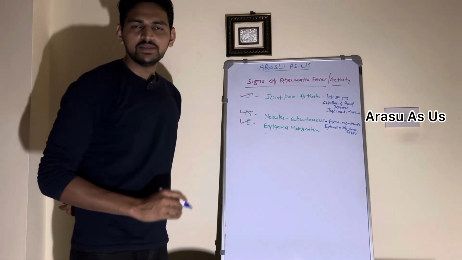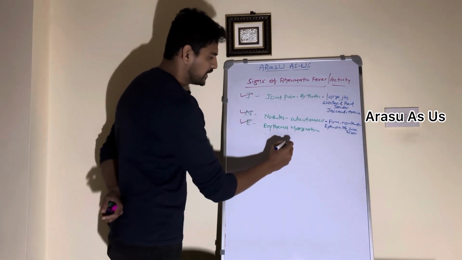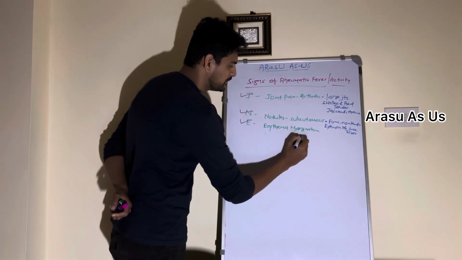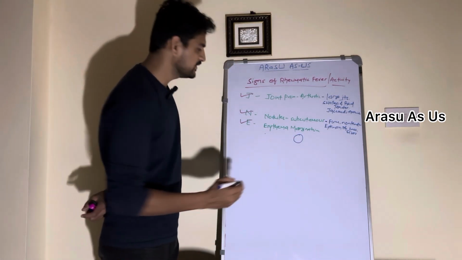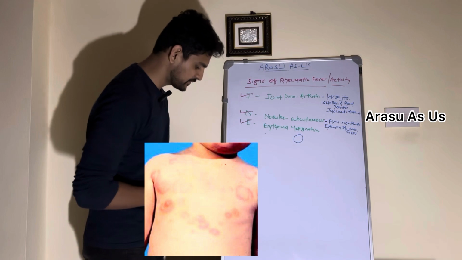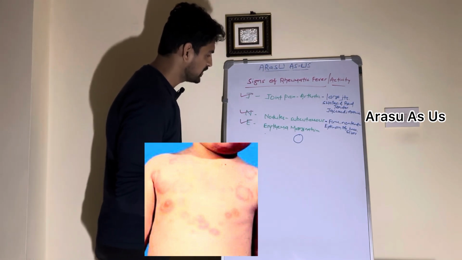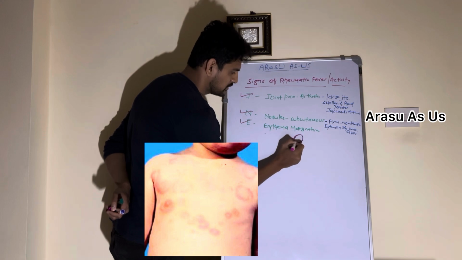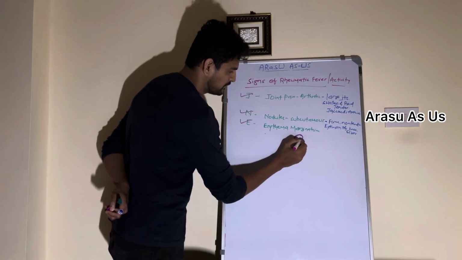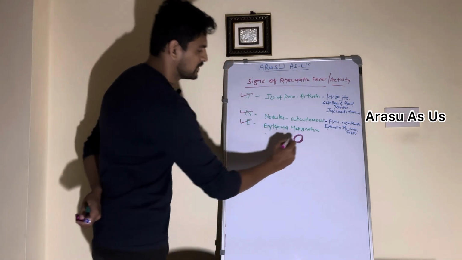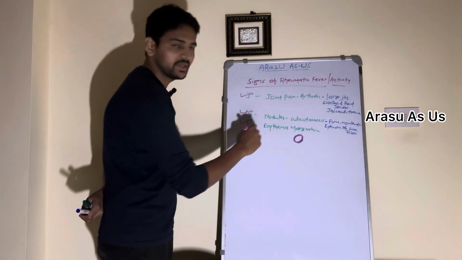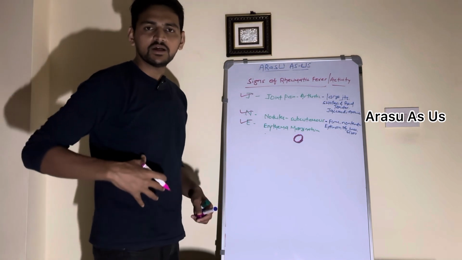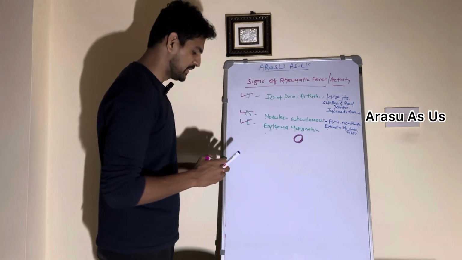And finally, erythema marginatum. So here we can see some round to oval skin lesions with central pallor and reddish margins. These will be distributed in the trunk area and proximal extremities.